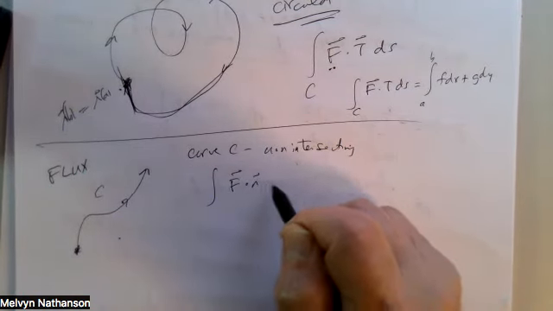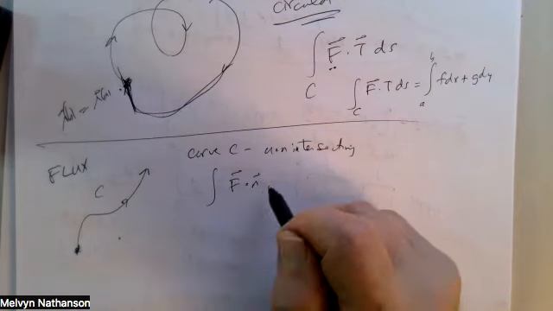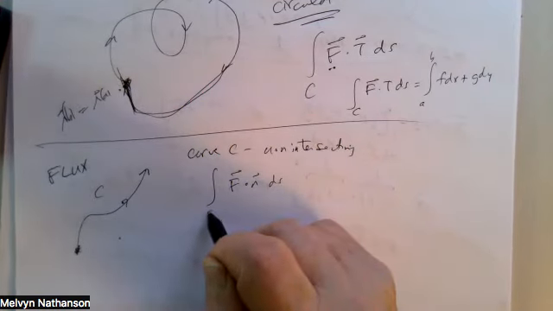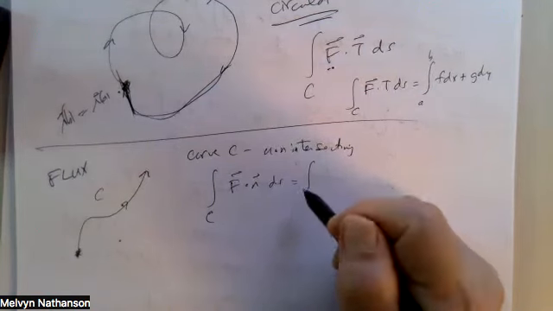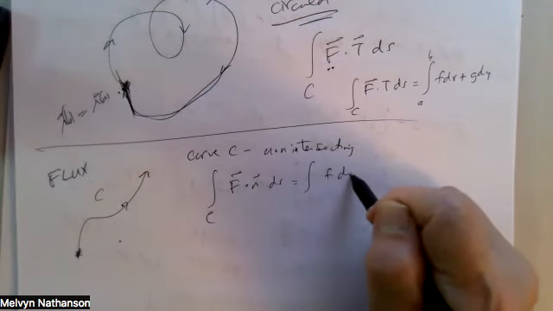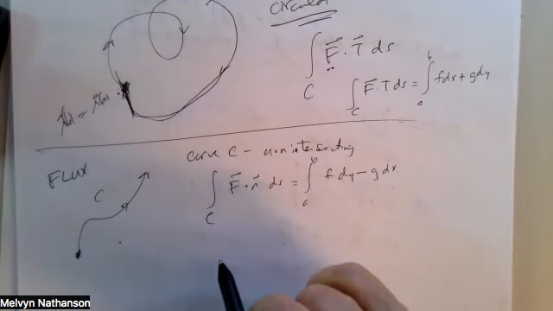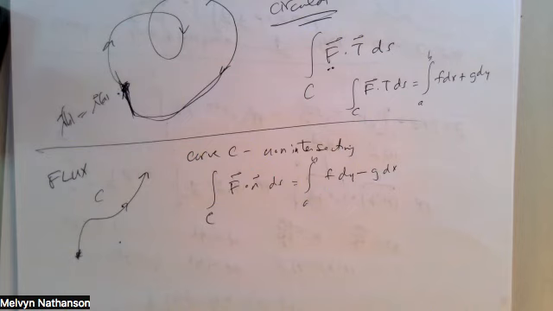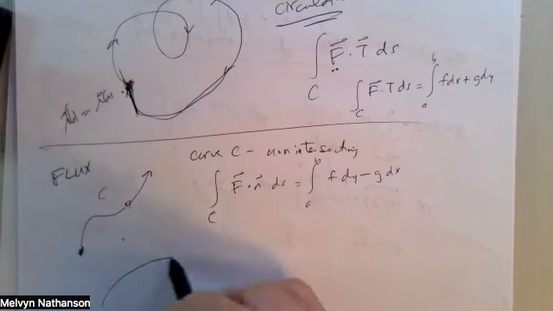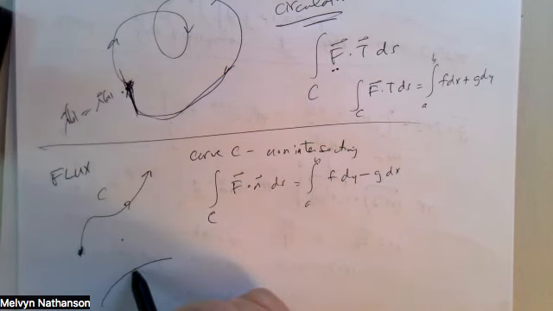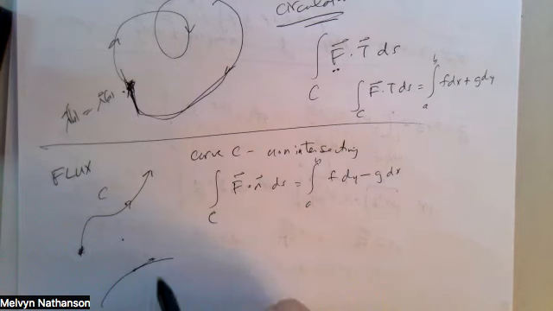I'll explain n. I guess I don't have time today, but it's on Wednesday. This is the integral of f dy minus g dx. And in this case, if you have your curve, you always have the tangent vector, which is the unit tangent vector on the curve.